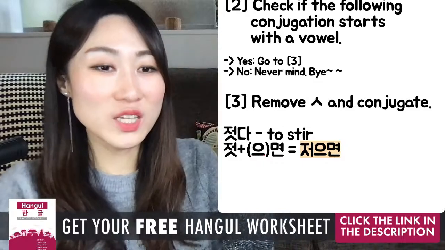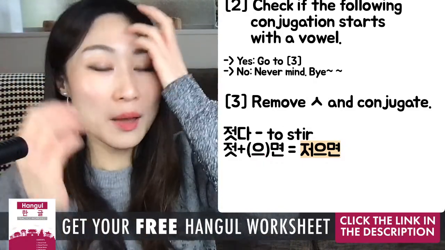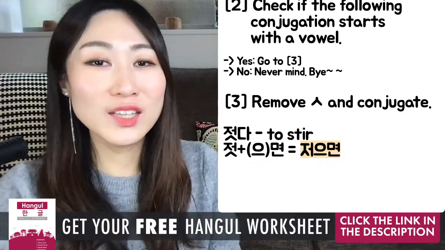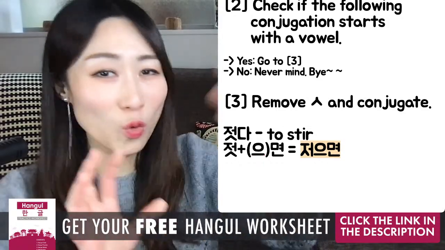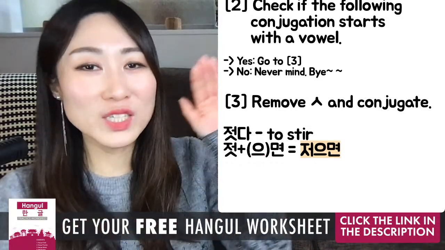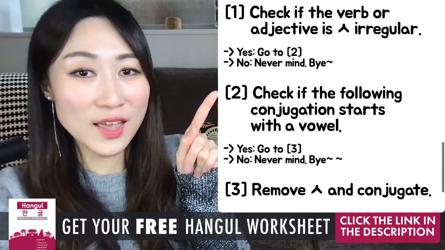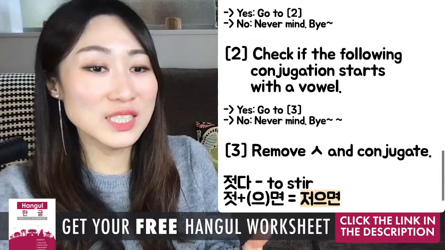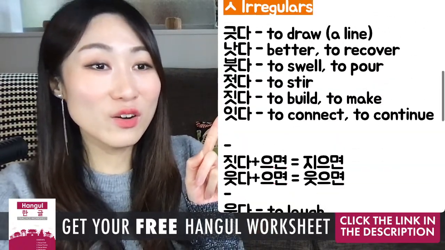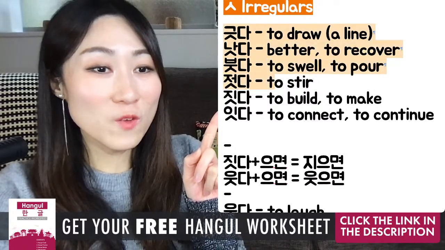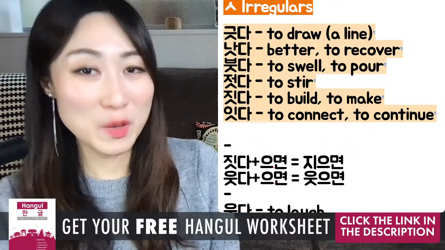So we just memorize. 졌다 plus 으면 is just 저으면. We just memorize it. But as a beginner, you cannot memorize every single conjugation and all the words. So you have to memorize this rule first. But once you get used to these rules, when you conjugate, you will naturally say it. So what you need right now is practice. Luckily, there are only 6 verbs. Just memorize them.